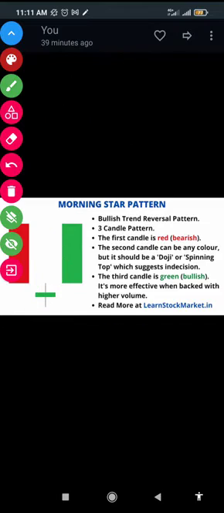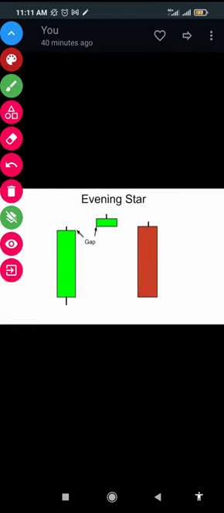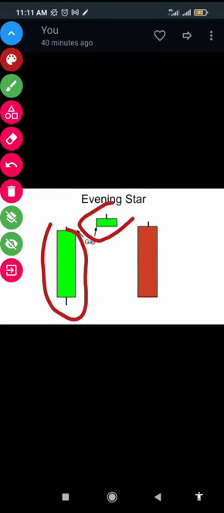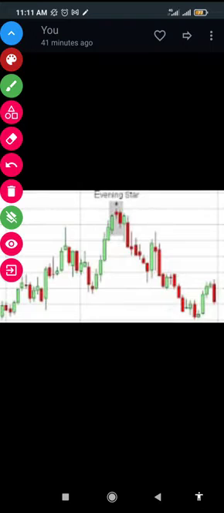Okay, let's keep proceeding. This is an evening star. You can see the bullish candlestick, the doji or the small body candlestick, then the bearish candlestick. When you see this, just know that price is about to go down. We are still proceeding, we are almost through.